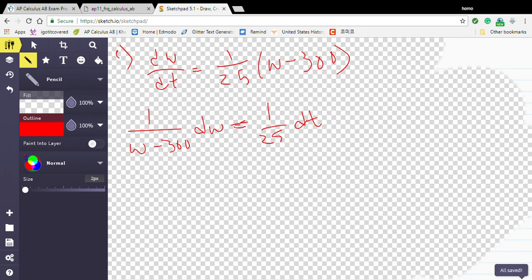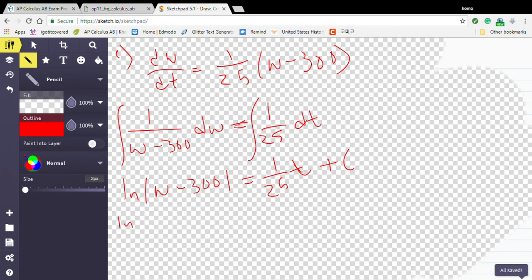Always remember to separate it correctly, because if you separate it incorrectly, you get the whole problem wrong. Now we're going to integrate them to get the antiderivative. The antiderivative of this is natural log of W minus 300. The antiderivative of this is 1/25 t plus C.